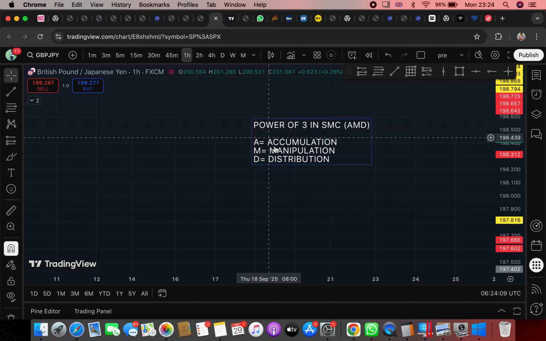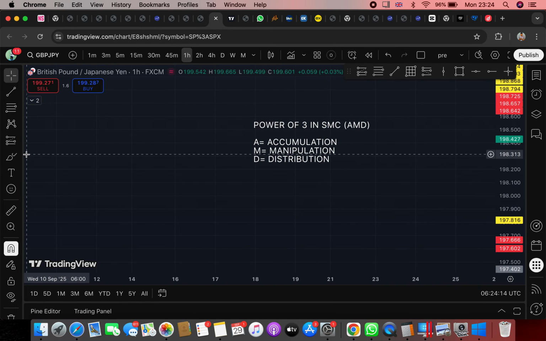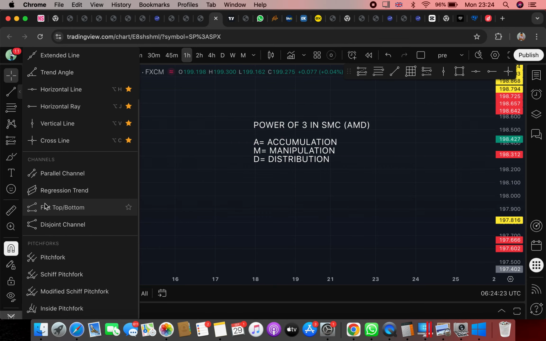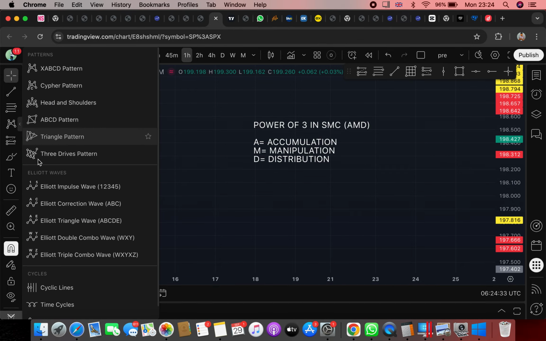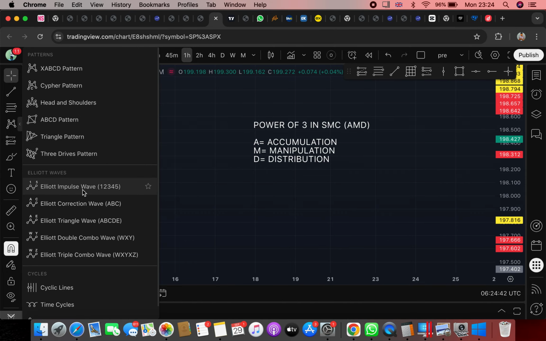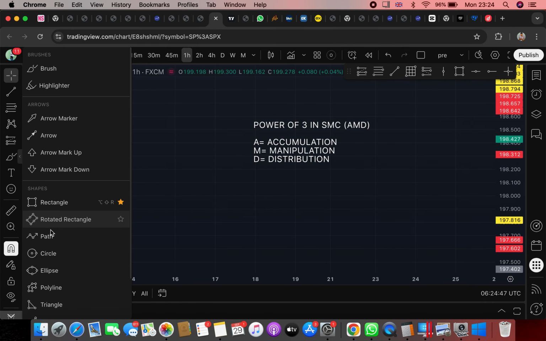So without wasting much of your time, I'll give a structure of how this pattern looks and how you can go about trading it for it to favor you, because one thing is to know the patterns, another thing is to know how to trade them.